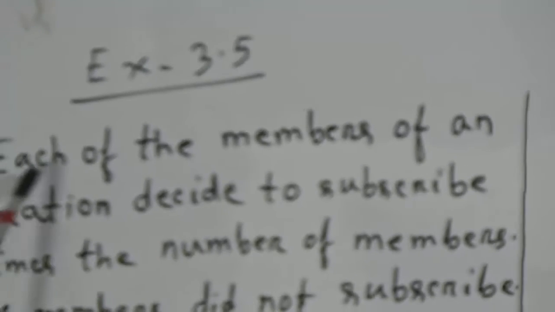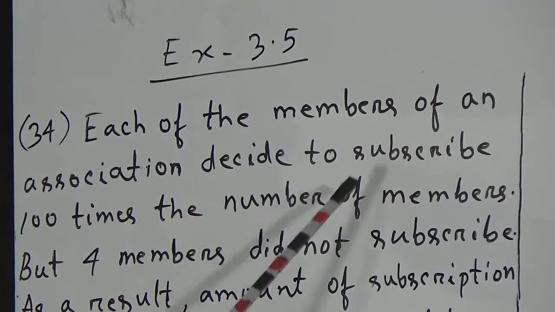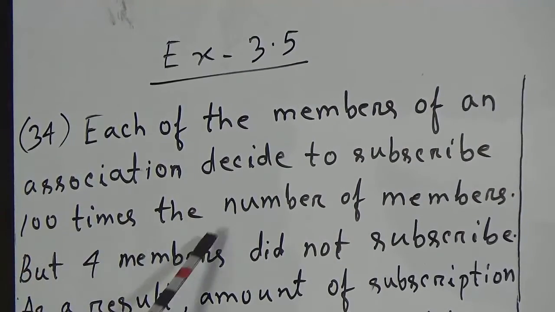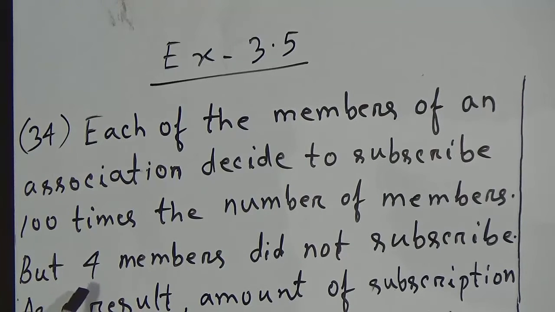This is a CQ. Okay, in the stem it is written that each of the members of an association decide to subscribe 100 times the number of members, but 4 members did not subscribe. Dear students, carefully listen.